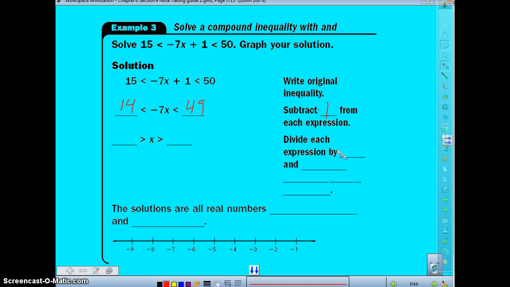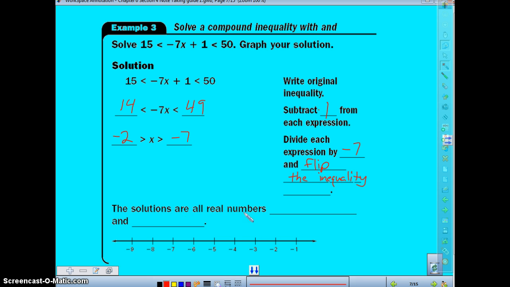So 14 is less than negative 7x is less than 49. You're going to divide each expression by negative 7. Now, something should be going off in your mind about that: if I divide by a negative, I have to flip the inequality. So if we divide by negative 7, this is going to be negative 2 is greater than x is greater than negative 7.